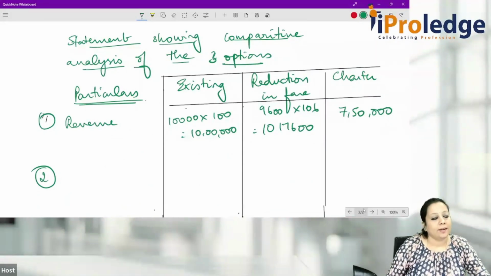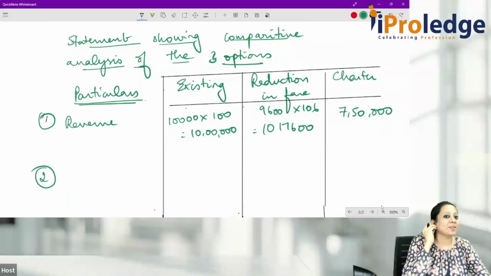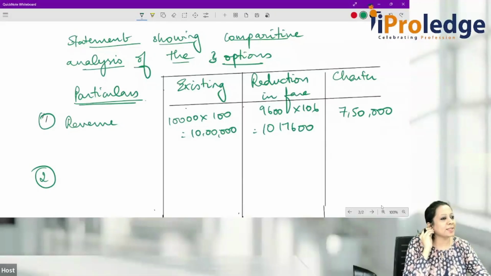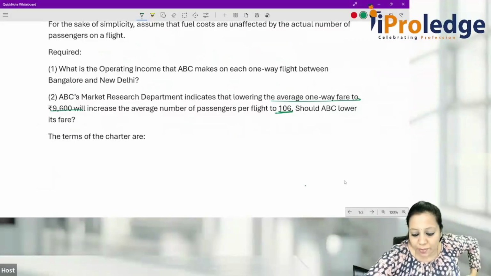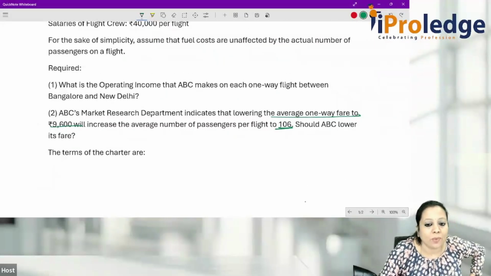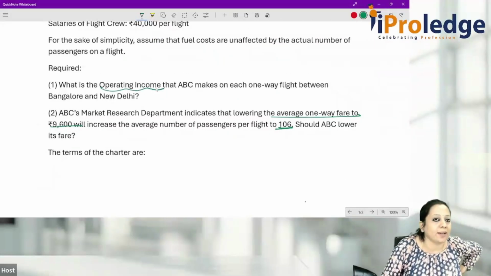Up to this, any questions anyone has got? Some students, when I gave it in the test last time, found this slightly different from normal question reading. We're not used to this, three options. Usually it is transport sort of questions, so I gave this question here. Now, one thing you all see, what is the operating income they have asked?